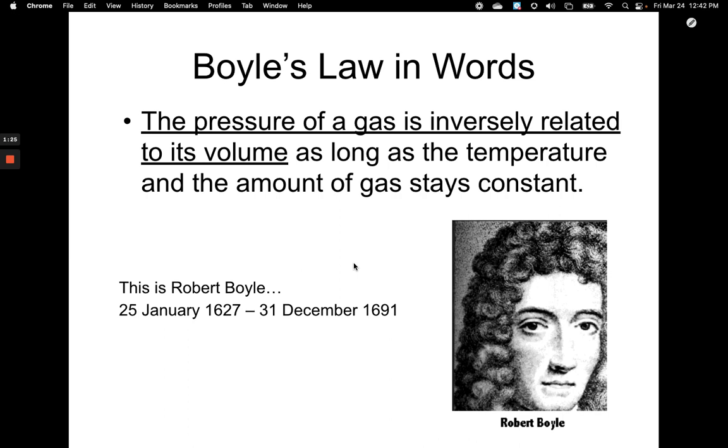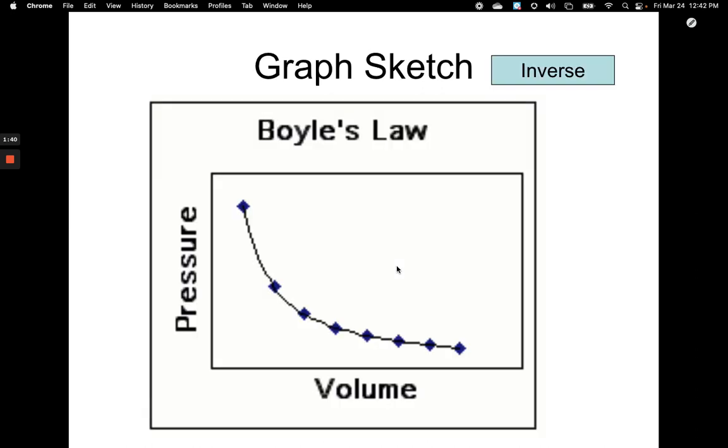So in words, Boyle's law says this: the pressure of a gas is inversely related to its volume as long as the temperature and the amount of gas stays constant. It's called Boyle's law because it was first proposed by the scientist Robert Boyle. Now, here is the graph, and it is an inverse relationship. As one goes up, the other goes down.